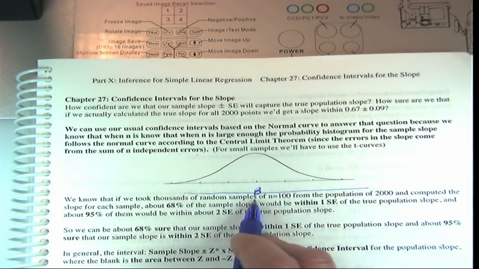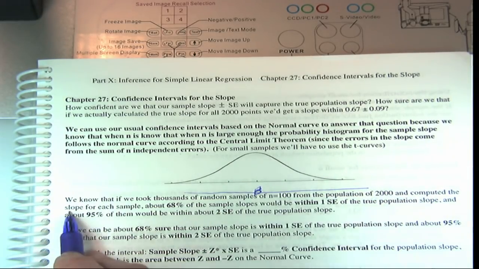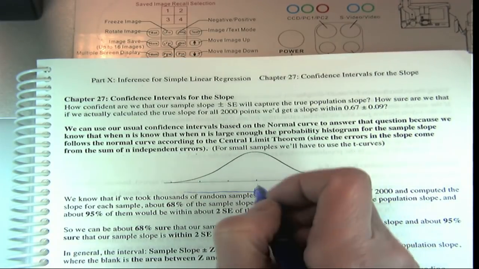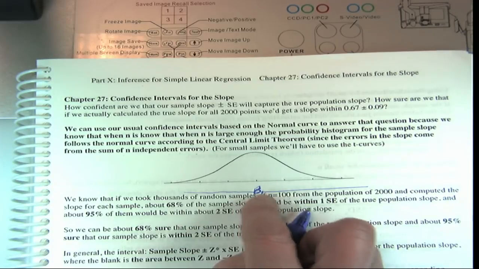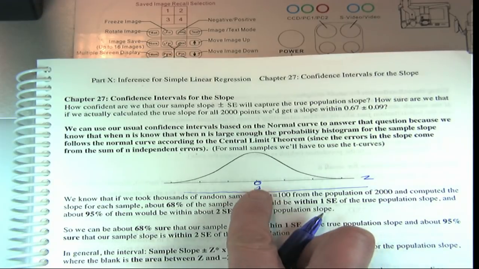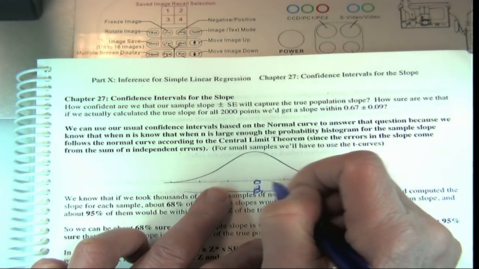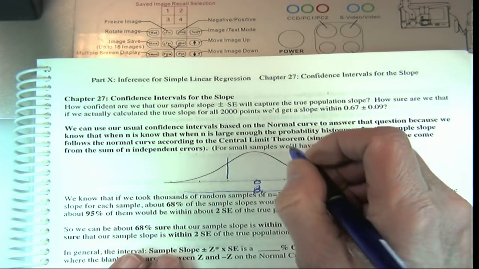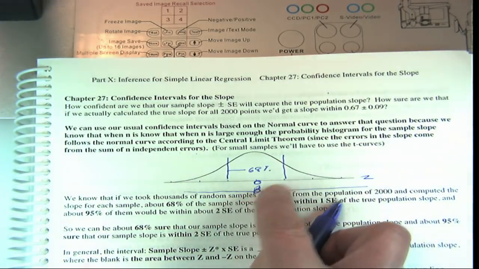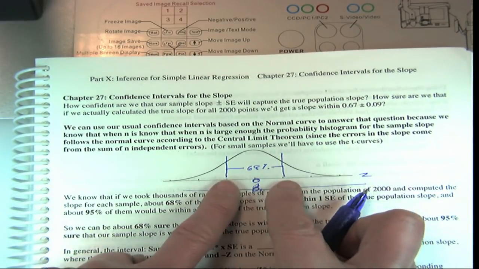We know that if thousands of random samples of n equals 100 from the population of 2,000 were taken and we computed the slope for each sample, we'd expect right in the middle, that's our expected value, to be the true population beta. And as a z-score, we'd expect it to be 0, right? That's the expected value. And 68% of the time, we would get within what? Within 1 standard error. So this would be 68% of the time. Our samples, our b's, the little b's, our sample slopes would be within 1 standard error.